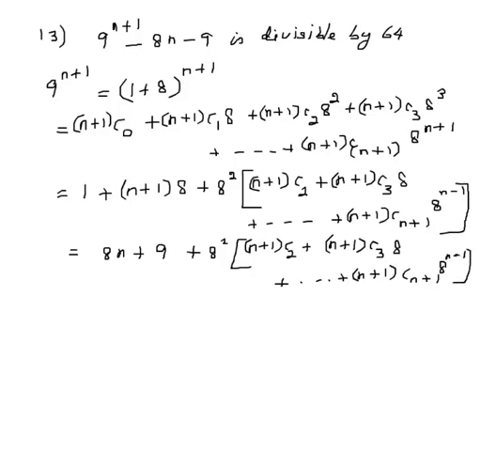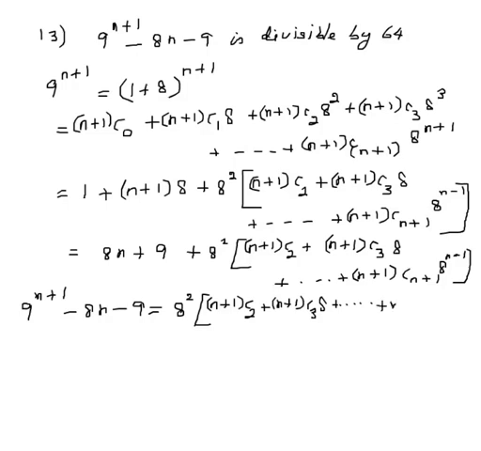Let us take 8n and 9 to the other side. So the left hand side will have 9 raised to n plus 1 minus 8n minus 9 is equal to 8 squared times n plus 1 C2 plus n plus 1 C3 times 8 plus etc. The last term will be n plus 1 C n plus 1, 8 raised to n minus 1.